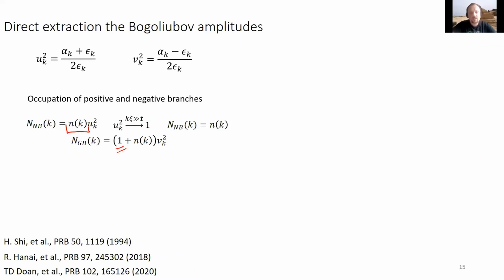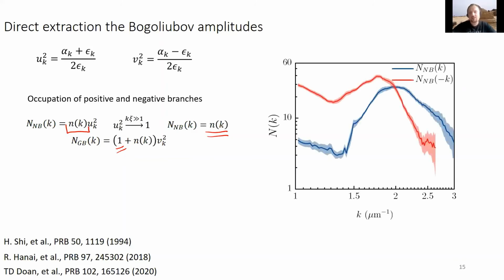So at high K vectors, the real Bogoliubov amplitude tends to 1, so we can approximate that measuring the normal branch, we indeed measure the real distribution function of polaritons, and this is far from equilibrium. Even though our theory is equilibrium, we can see that the experiment is not very much in equilibrium.